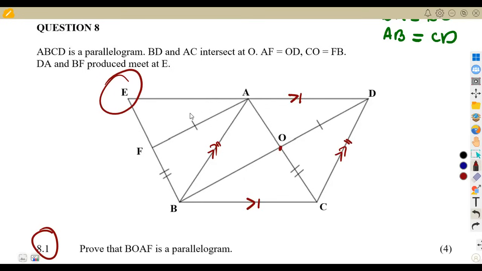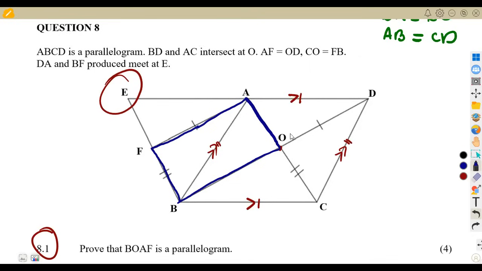So from this part, I want us to see something here. This time we need to prove BOAF, B to O to A to F, like this. All right, this is the one that we want to prove.